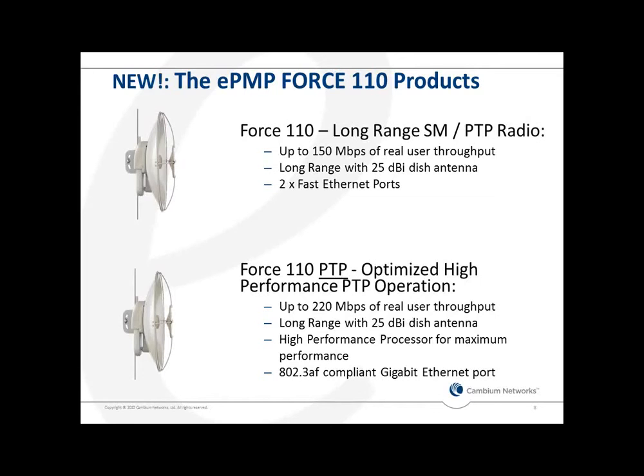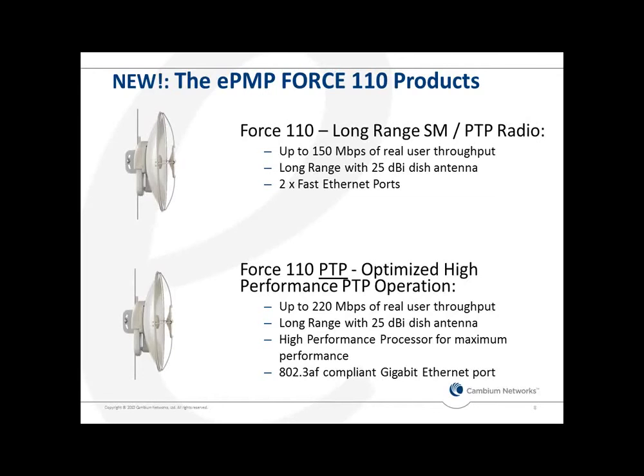It supports 2 fast Ethernet ports, and because it has a fast Ethernet port, the throughput limitation is 150 megabits per second. So in a 40 megahertz channel operating at the highest modulation, a point-to-point link or an SM utilizing this radio, the Force 110, would be Ethernet limited in terms of its throughput.